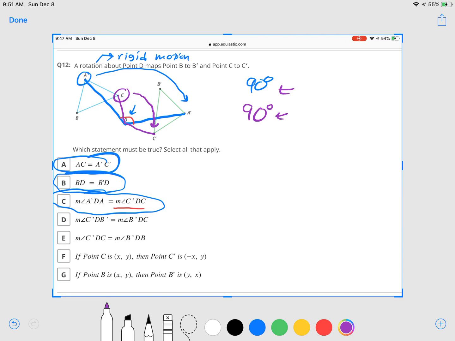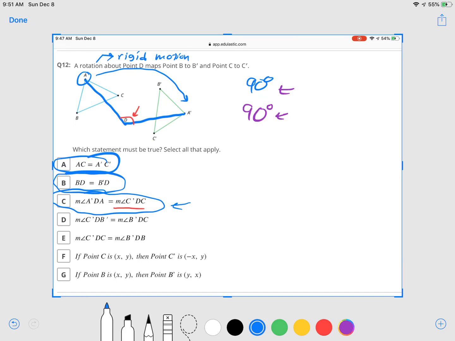Everything gets rotated the same amount. So the hard part here was to notice that this angle is literally the angle of the rotation, the transformation. Okay, so this is already circled, that's correct.